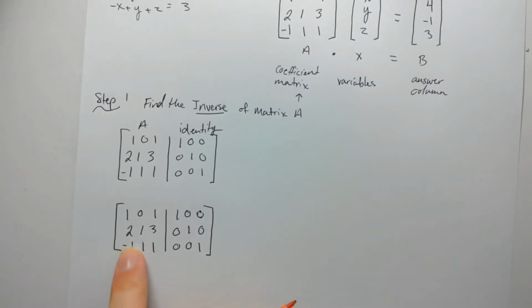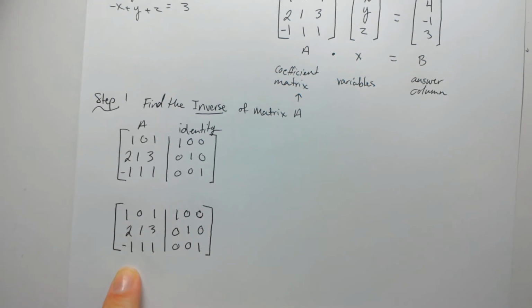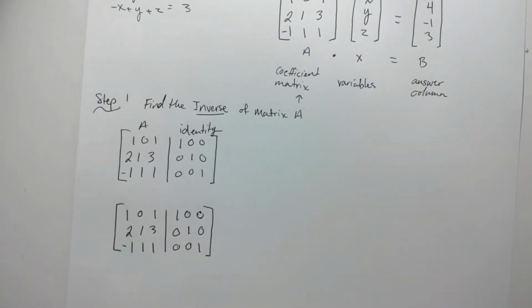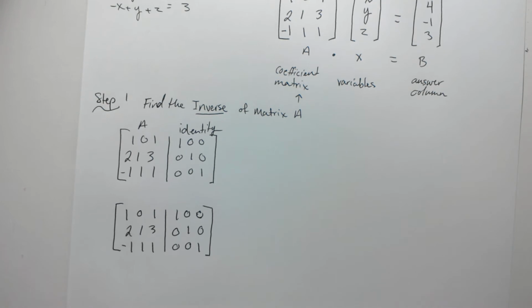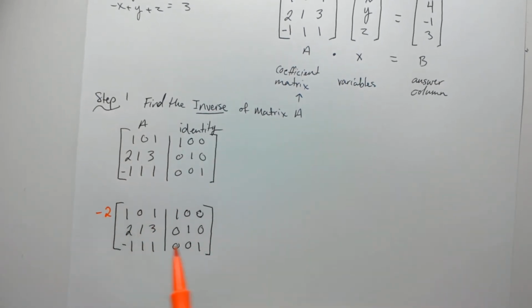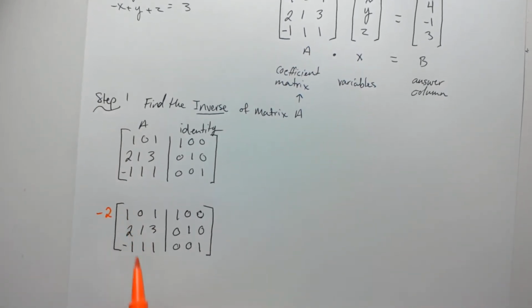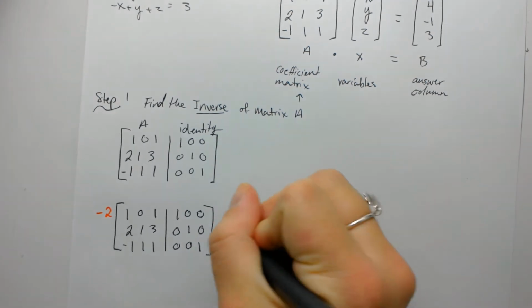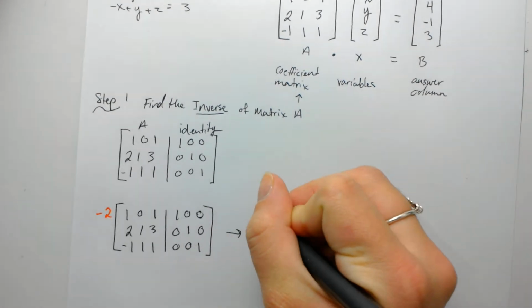We're going to focus on one column at a time. So we're going to make this equal to 0, and to get it equal to 0, you use the inverse. The inverse of 2 is a negative 2. So you're going to multiply a negative 2 across the top row, and then gradually add each number to the bottom row.